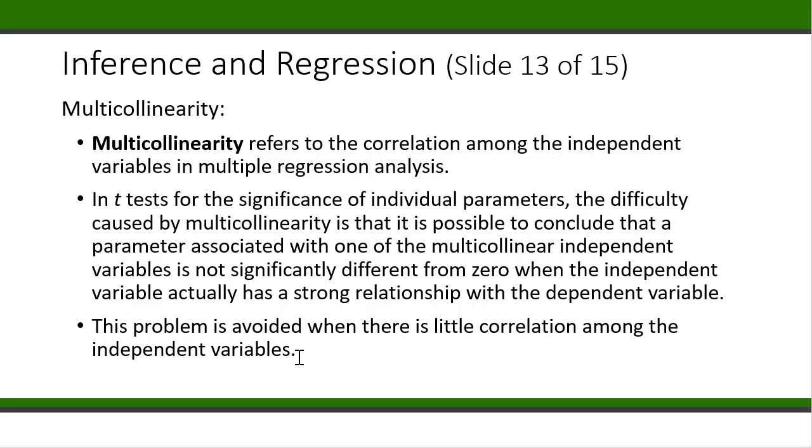And specifically, you can use the rule of thumb that if you have multicollinearity at 0.7 or greater, then you probably need to exclude one of the variables. And that multicollinearity is expressed as a correlation coefficient.